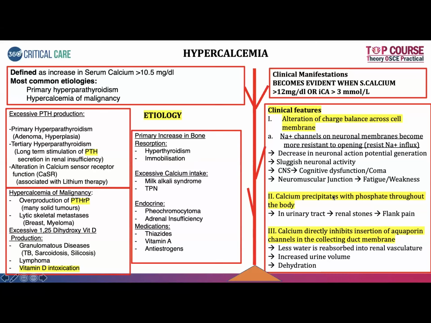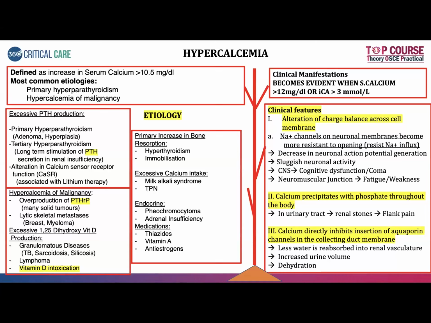So clinical features, what happens? Mainly neuronal issues, patients will have CNS disturbances. That is the main thing. Why is that? There is alteration in the charge balance across the membrane, because the neuronal cells need sodium. The sodium channels on the neuronal membranes become more resistant to opening because of hypercalcemia, so the threshold potential goes up.